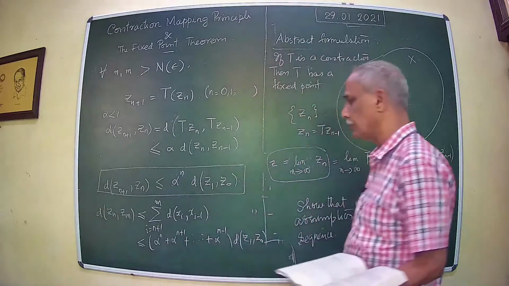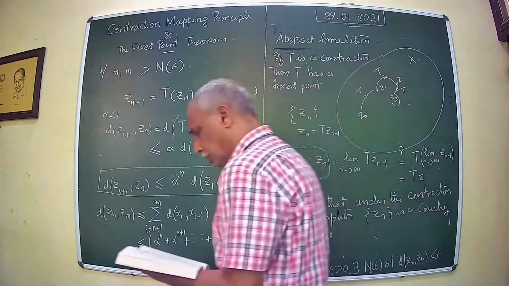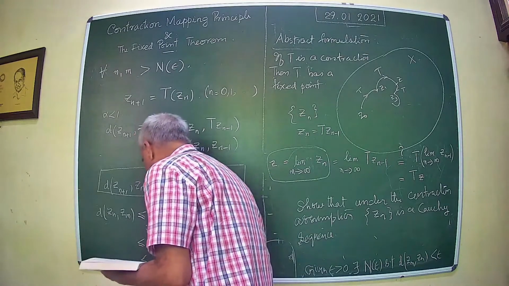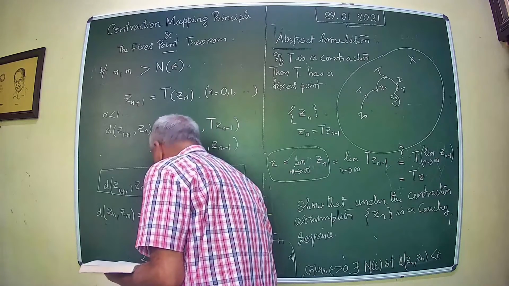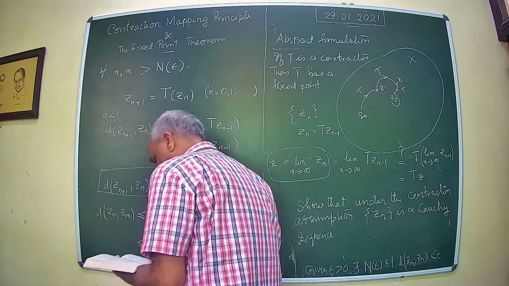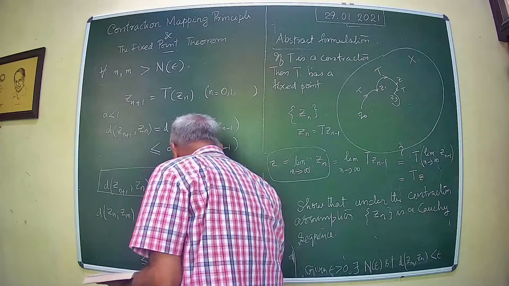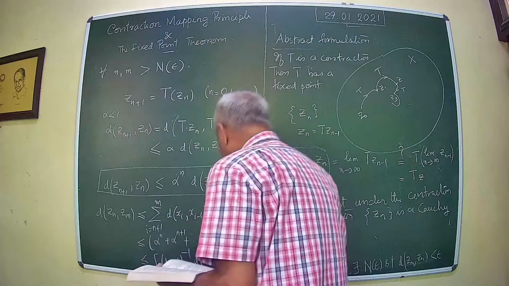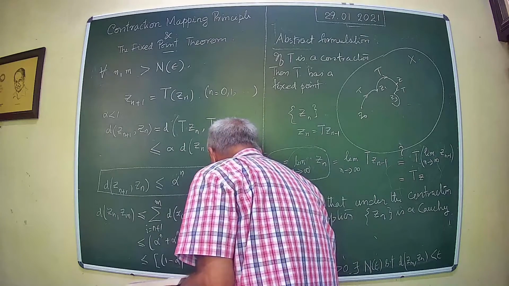This is what you can do. And therefore this is less than or equal to 1 minus alpha to the power minus 1 times d of Z1, Z0 times alpha to the power n.